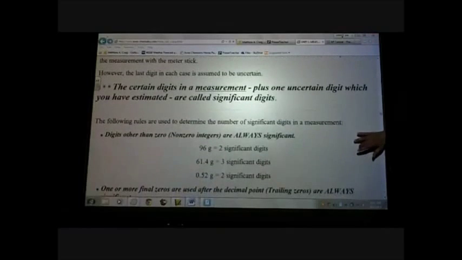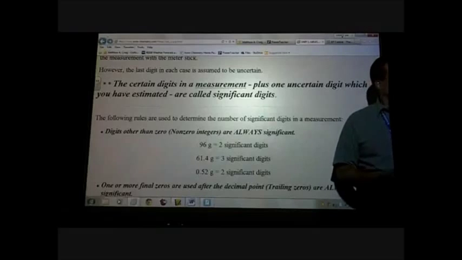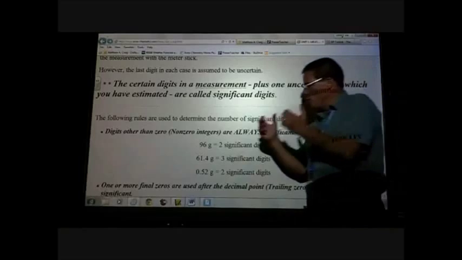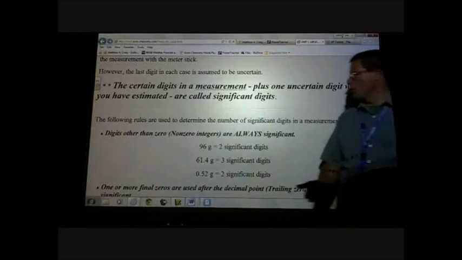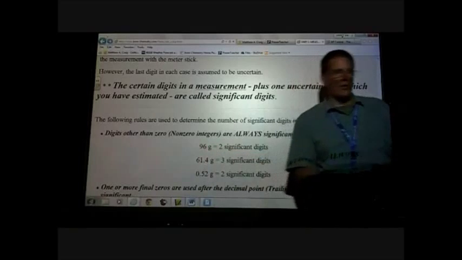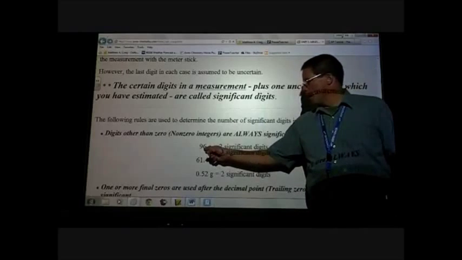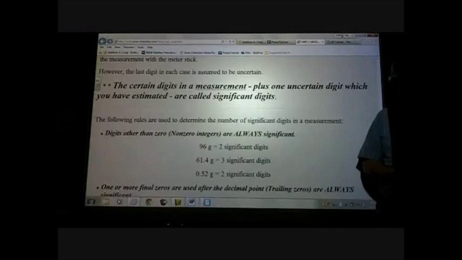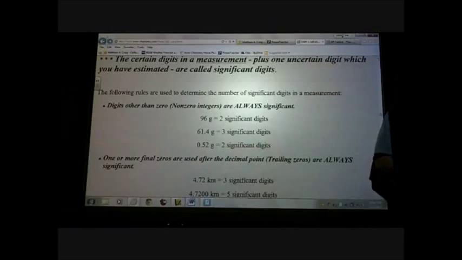But we also want to be able to look at a value and ask yourself, hey, how many significant figures do we have? Any number, if I gave you a number, or it's on your homework, if it's a number other than 0, it is significant. So for example, the number 96, both of those numbers are non-zero numbers, so both of those are significant. 61.4, all those numbers are significant.